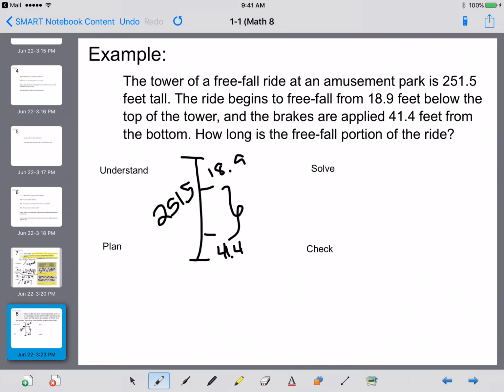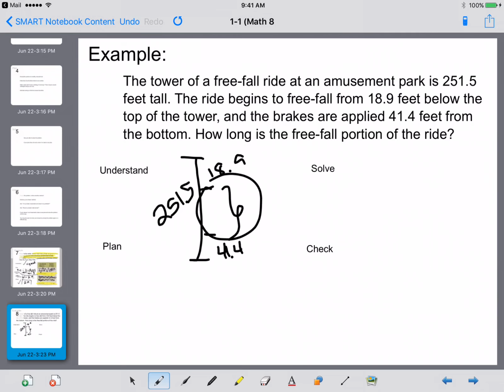So what am I going to do to help us solve that? And in asking that question, I'm moving on from my understanding stage to my plan stage. So in order to figure this out, I know what I need to do. We have these 3 chunks adding up to equal the total area of that one big chunk.